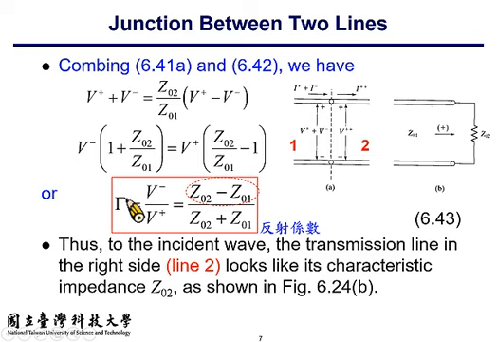The reflection coefficient, which is defined as V plus over V minus, equals to what? Equals to R_L minus Z sub 0 over R_L plus Z sub 0. The reflection coefficient definition is the same here. And the formulation of the reflection coefficient is the same as well.